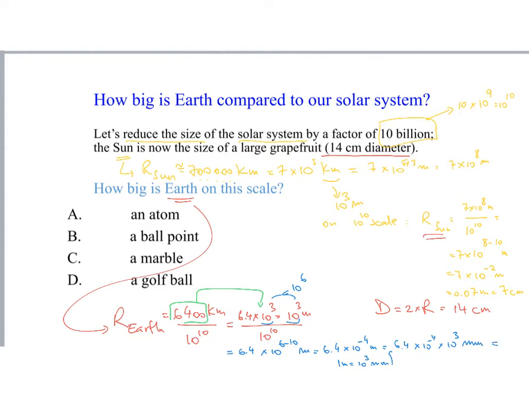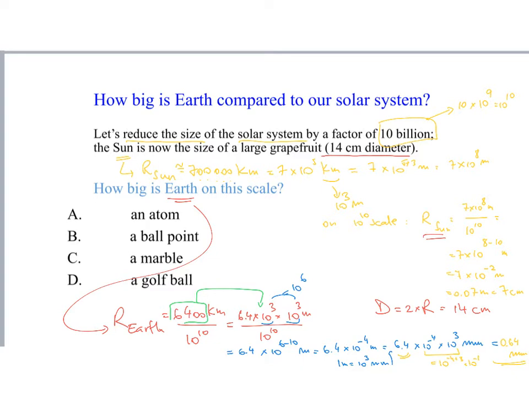These two together are going to be 10 to the minus 4 plus 3, so 10 to the minus 1. We multiply that with 6.4, so about 0.64 millimeter. Woo! What do you think the correct answer to this question is?